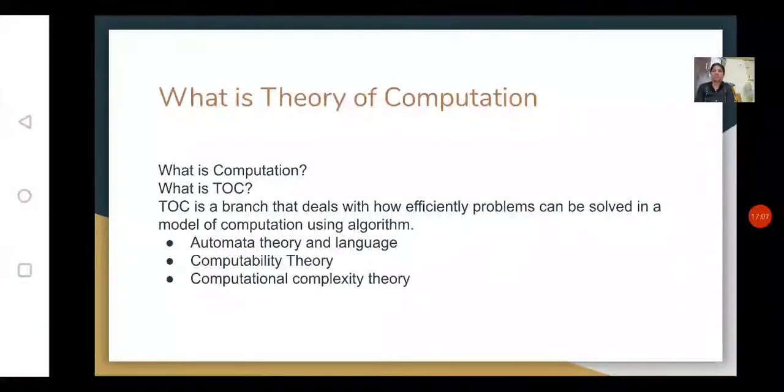Then the definition of TOC basically deals with strings, alphabets, languages, sentences, grammars, applications, and automata. Automata are of different types like finite automata, pushdown automata, and then Turing machines. Then we also need to understand derivation, parse tree, and all the basic concepts.